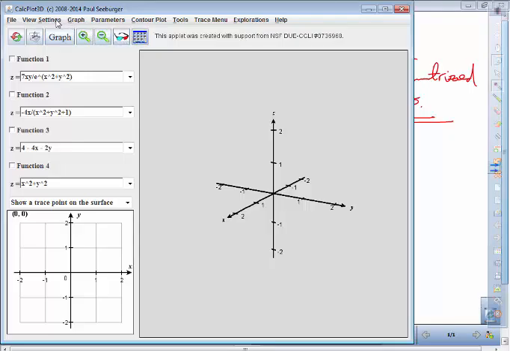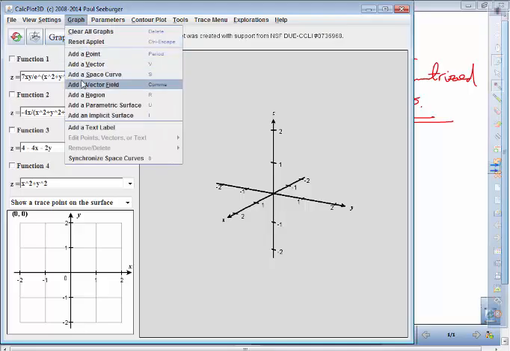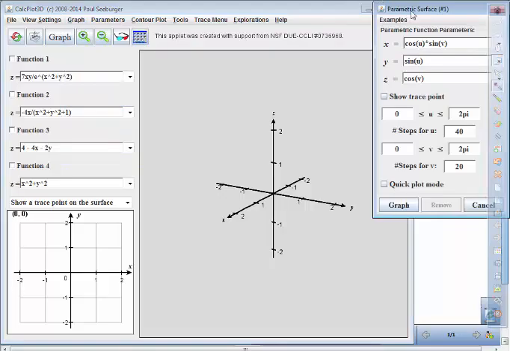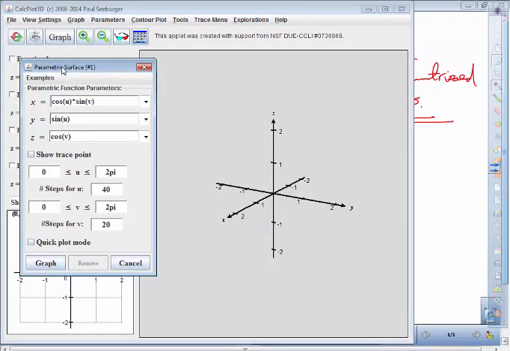A way to graph parameterized curves or surfaces would be to go under Graph and add a parametric surface, it says here. So I'll click on adding a parametric surface. And here I have a sample surface that they've given me.